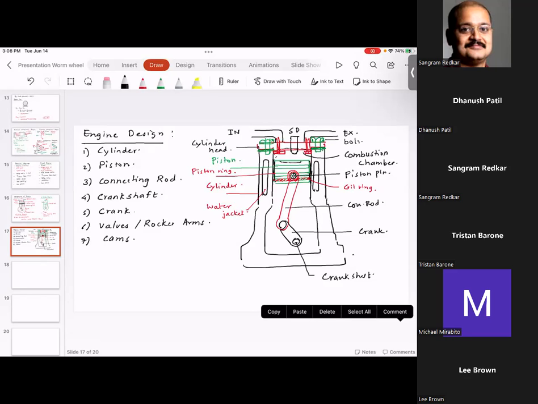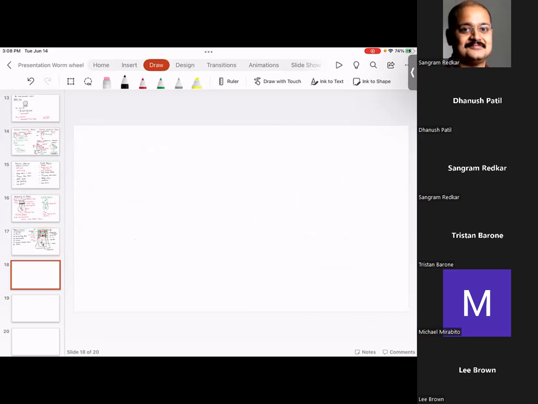So let's start with the design of the cylinder. Cylinder design is based on two concepts.